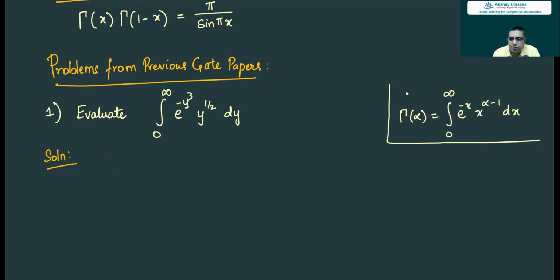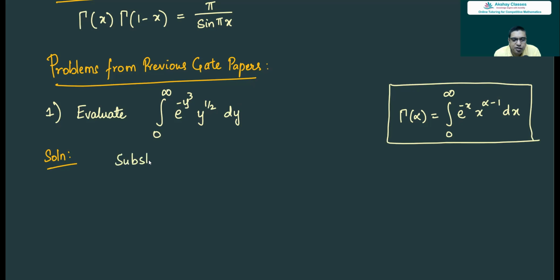So this is matching. This is the gamma function. Now let us see, can we reduce this to this form? For that, we have to replace y cube by another variable, either t or x. So we'll replace by x.